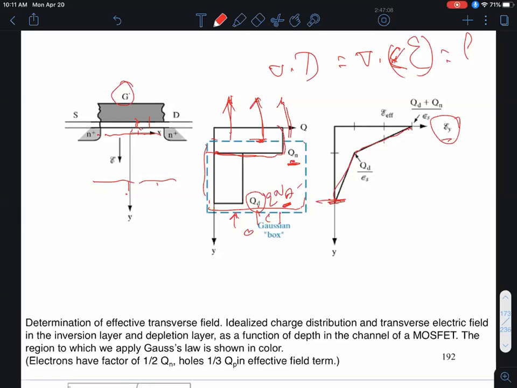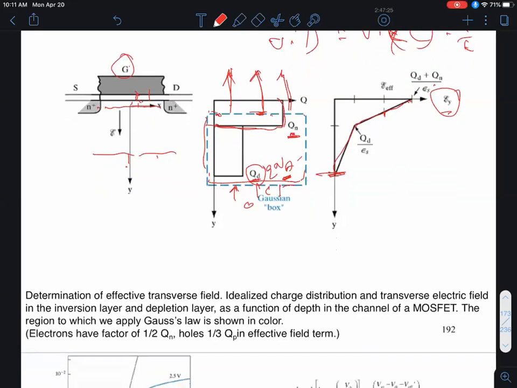You can bring epsilon over here. The charge enclosed is the total depletion charge plus, in the middle, half of the inversion charge. So you define this average electric field as depletion charge plus half of the inversion charge.